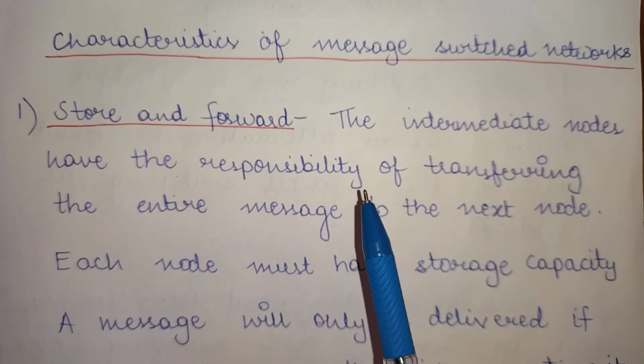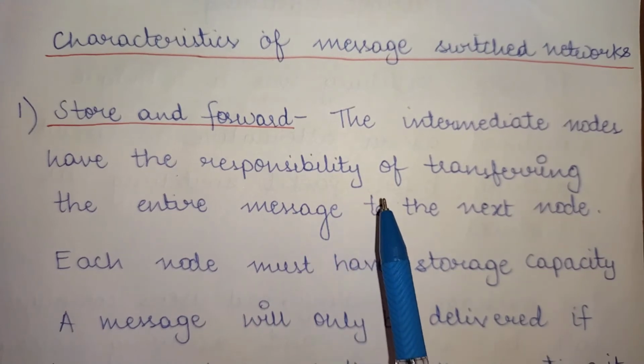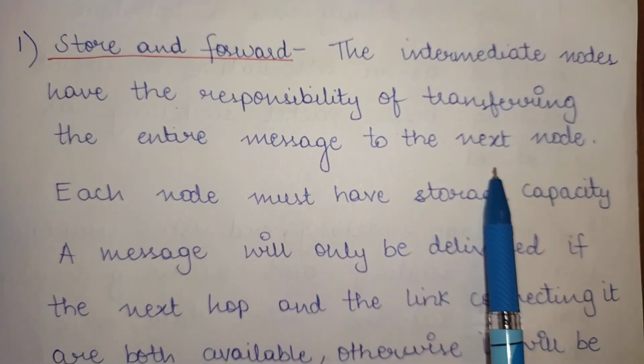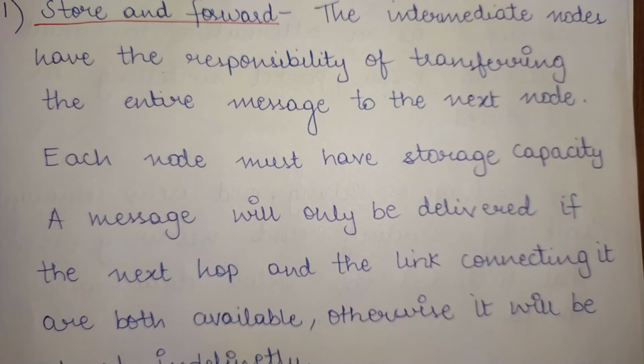So the intermediate nodes are responsible for transferring the entire message till it reaches the intended receiver, right? This way they keep on transferring the data message or the data packet from one node to another, hop by hop.